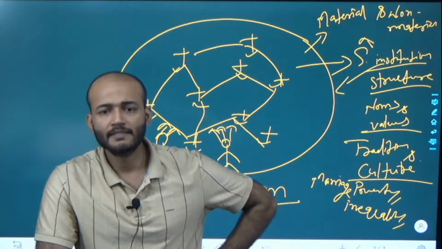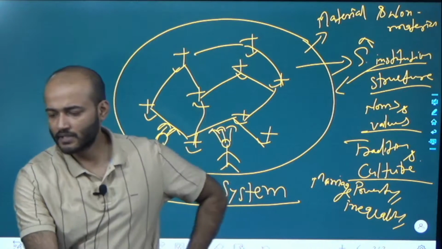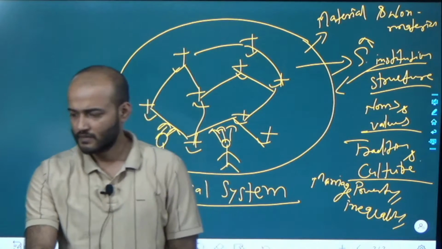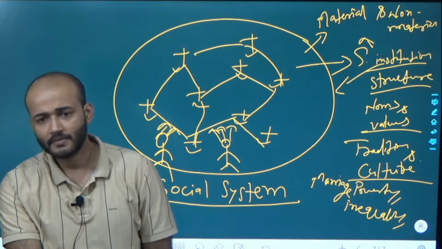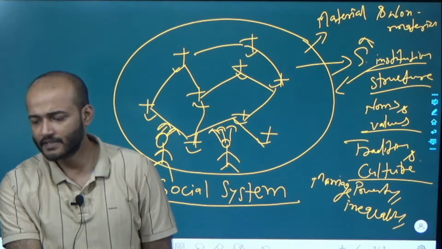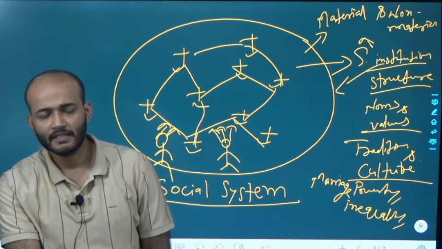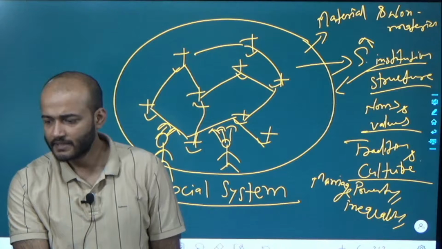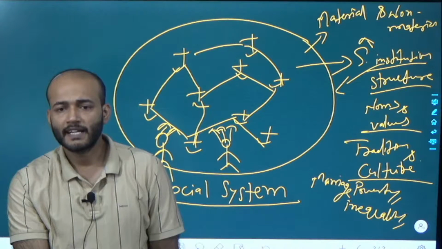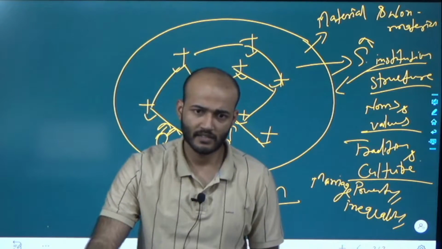Next, write: in other words, social system can be defined as a set of interdependent societal elements or parts that can be thought of as a whole. Thought of as a whole, it means one single unit, right?